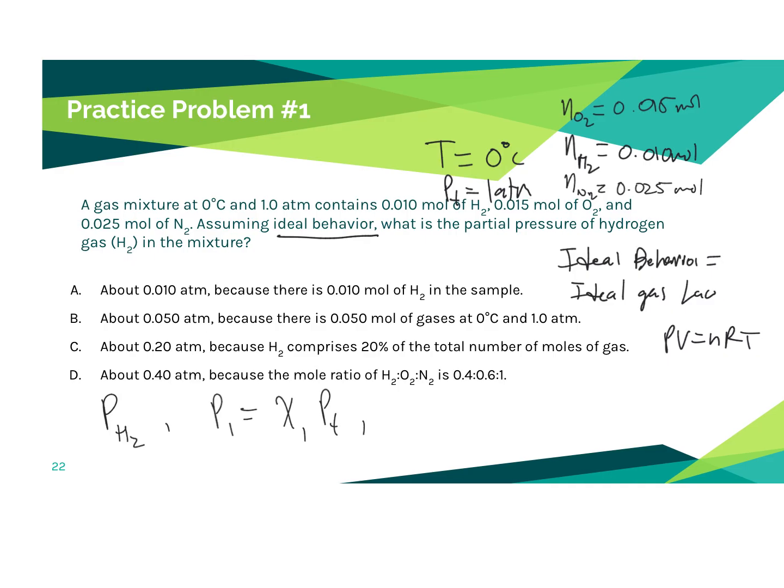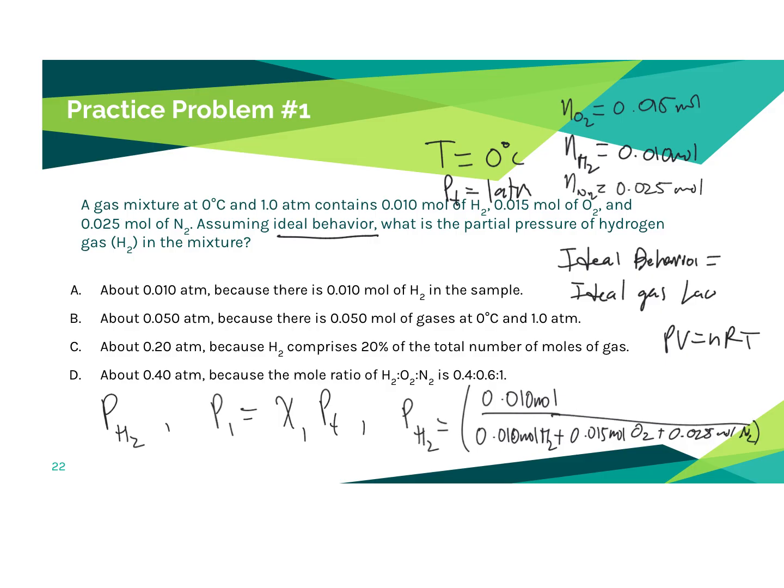And so in this case, the pressure of H2 is going to equal the mole fraction, which in this case for H2 would be 0.010 moles over the total number of moles. And so 0.010 moles H2 plus 0.015 moles of O2 plus 0.025 moles of N2, right?